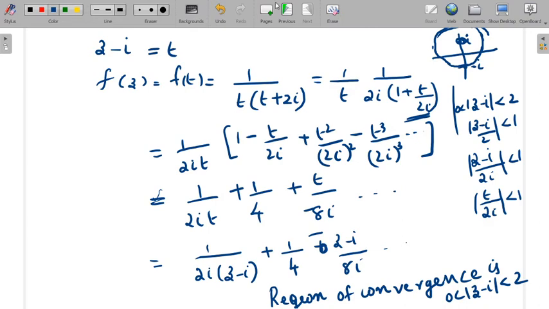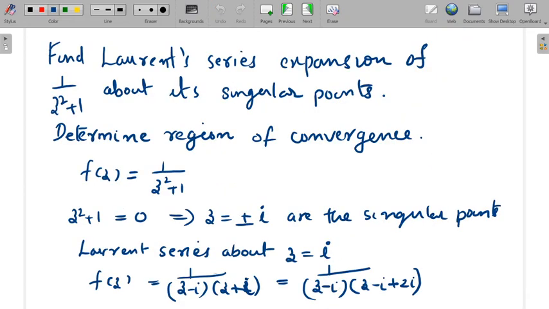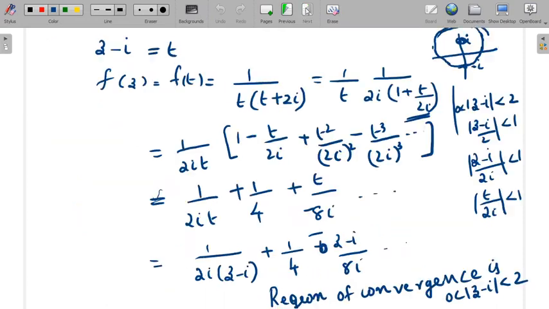And if you look at the function, from here itself you can see that z is equal to i is a pole of order 1. So when you expand this, you have just one term in negative powers of z minus i.